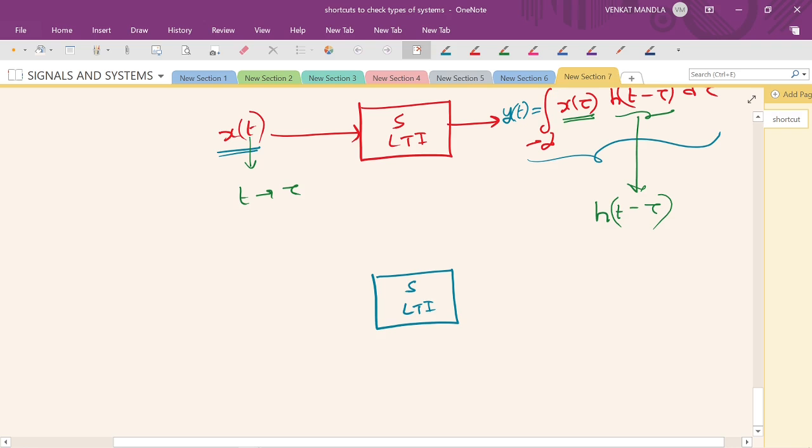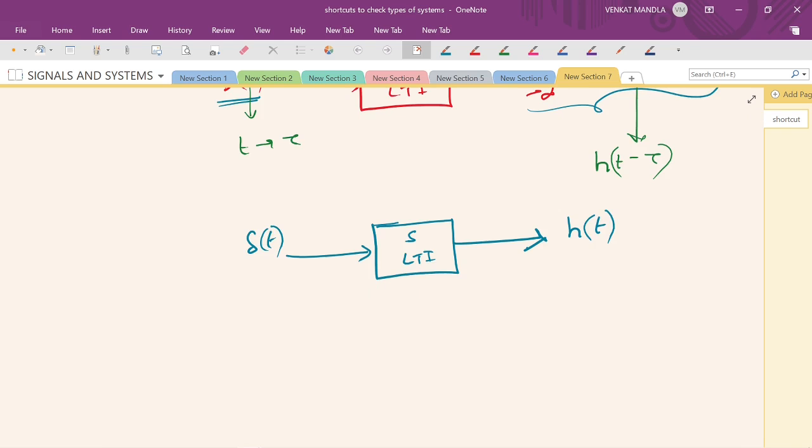First, I apply delta of t to this system; I can generate delta of t in the laboratory. Then I will get h of t. Here the input is an impulse.